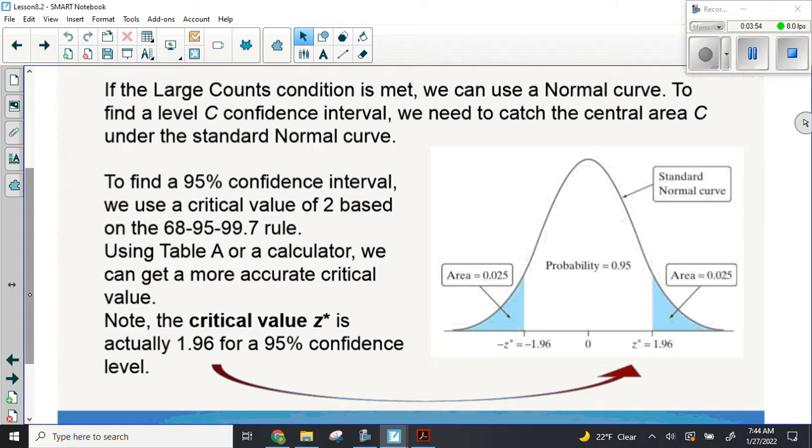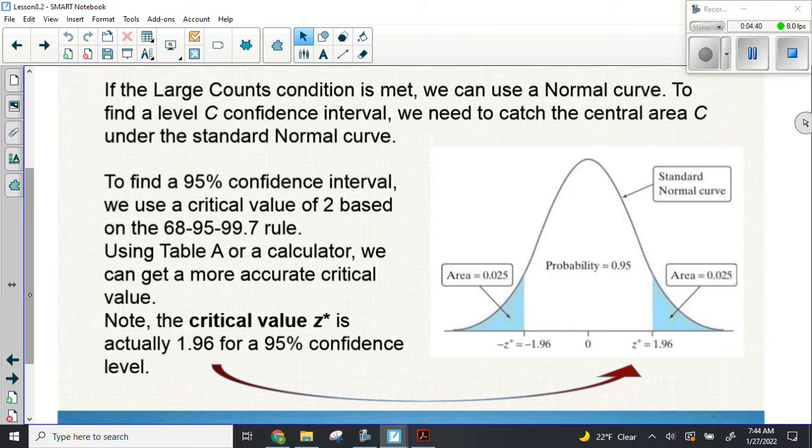And this is a great picture of what's going on with our confidence level for a confidence level of 95%, right? Remember, using the empirical rule, that 68% of the data occurs between one standard deviation above and one standard deviation below the mean. 95% is 2 standard deviations, and 99.7% occurs between 3 standard deviations above and below.